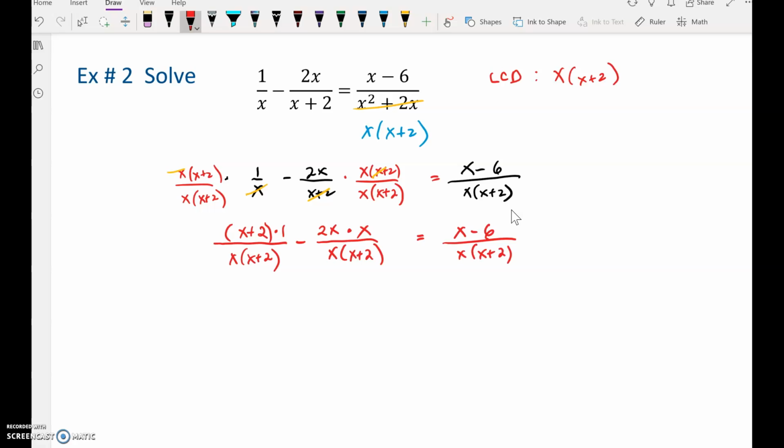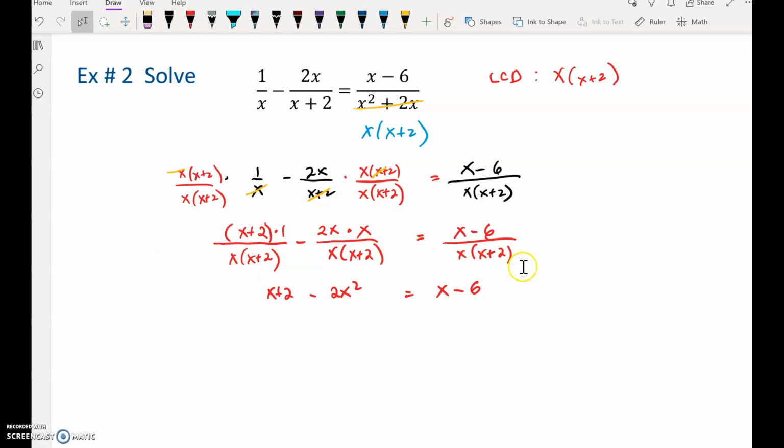Now I will just simplify this part. I'll get x plus 2 minus 2x squared, and then equals x minus 6.